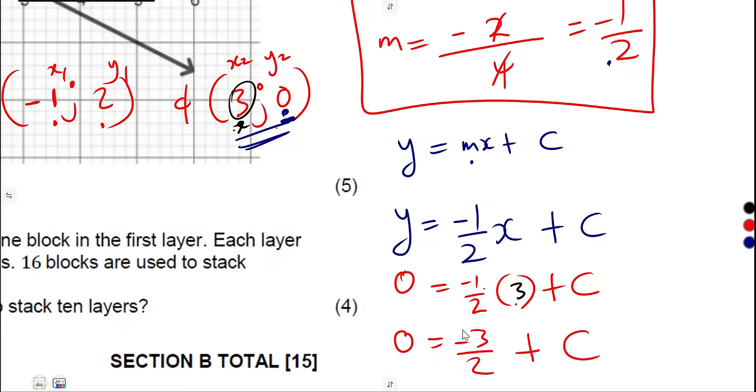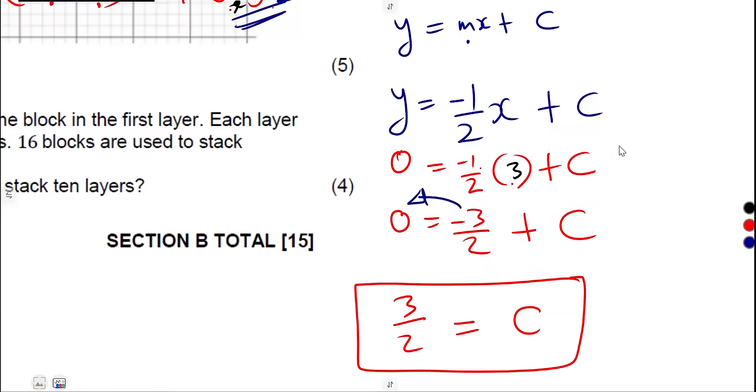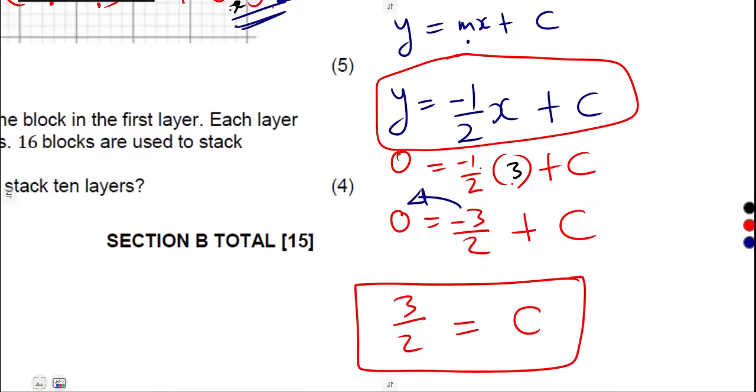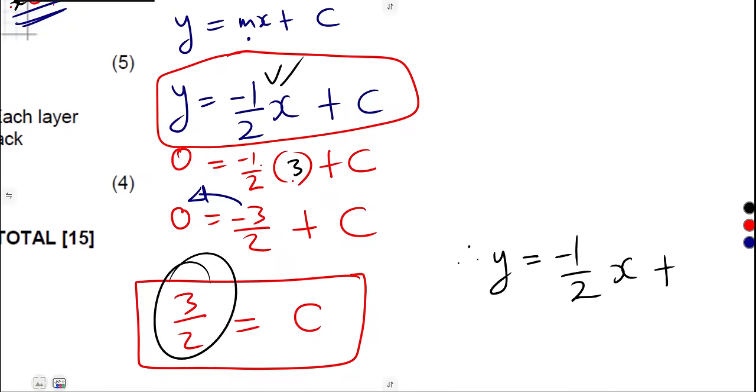The minus 3 over 2 to the other side becomes a plus, so 3 over 2 is equal to c. Having the c, we can substitute there and find the final equation, which is y is equal to minus 1 over 2 x plus our c, which is positive what?